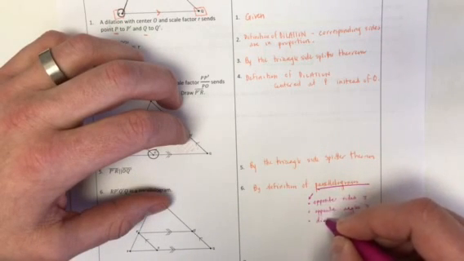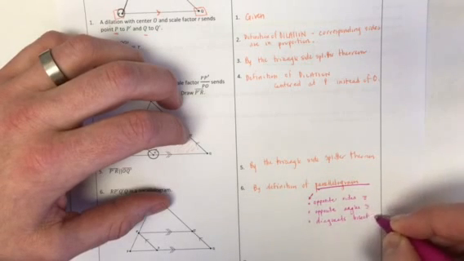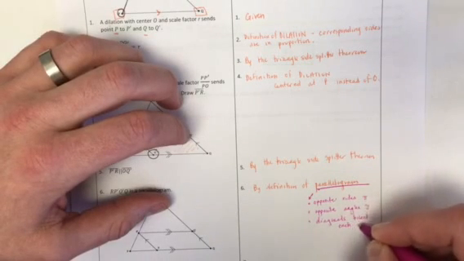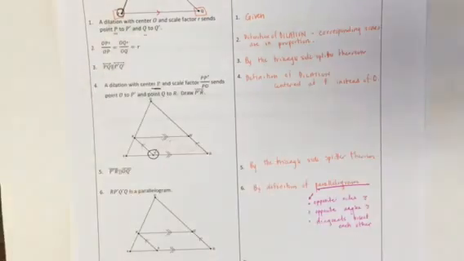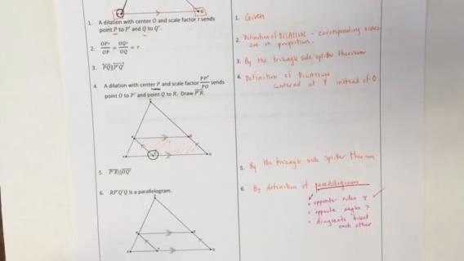There are all these properties that can be used once I have a parallelogram. The one they did choose was that opposite sides are congruent.